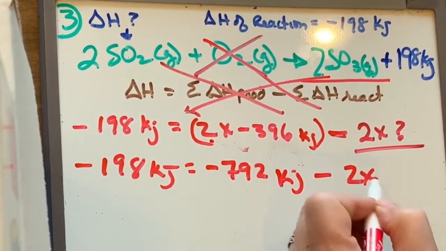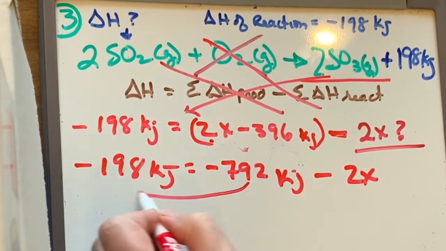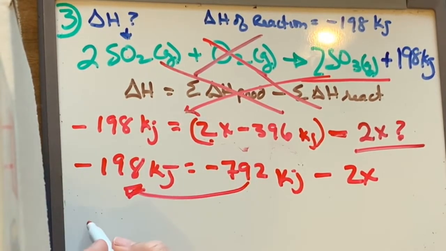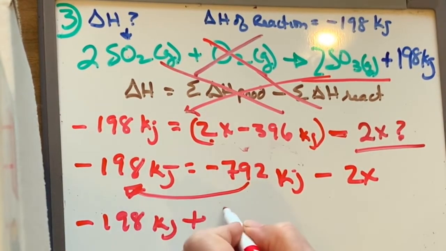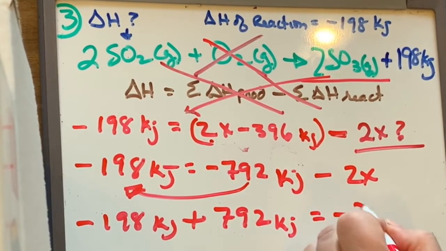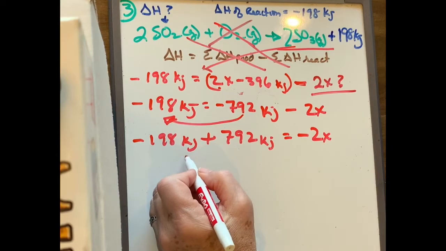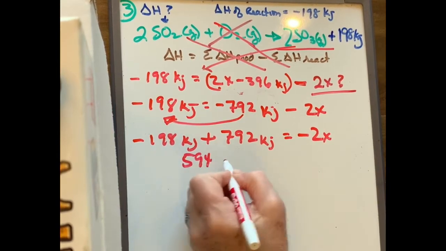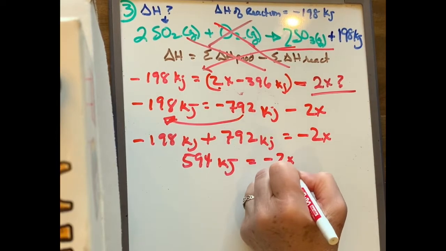minus 2x. And we can mathematically just move this right over. So we have minus 198 now plus 792 equals a negative 2x. That would equal 594 kilojoules equals minus 2x.